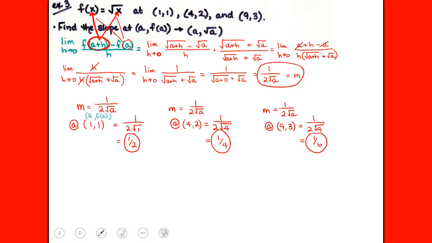And instead of getting a number at the end, you will get an equation at the end that you could plug multiple a values into to find multiple slopes. So those would be our 3 different slopes, and if they wanted me to create equations of lines to go with them, I would then have a point and slope, and I could do that.